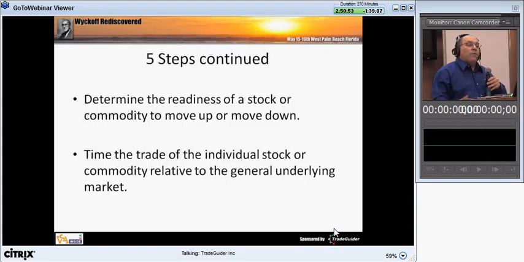So in Wyckoff terms, when you see that spring, and I'll show you examples again, if you're afraid of how deep that spring will go because you want to put a stop loss order in, wait for a retest of that spring. The low of the retest should not take out the original spring. Place your stop a little bit away from the spring in an uptrend, and you probably have a good chance of having a successful trade. In an uptrend, springs are a very proper way to trade. Okay?